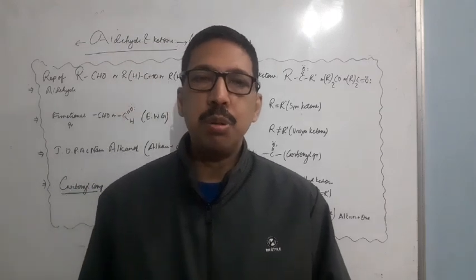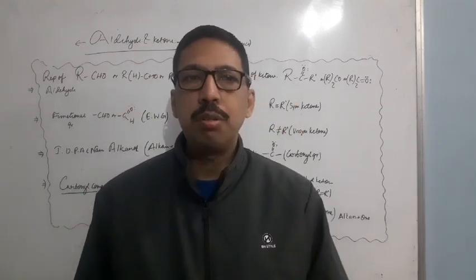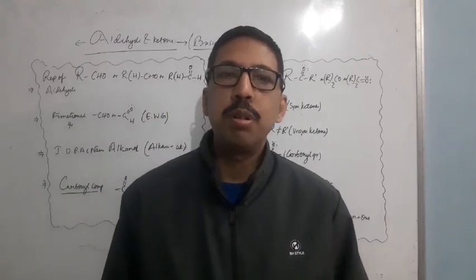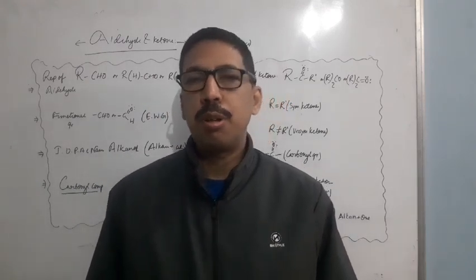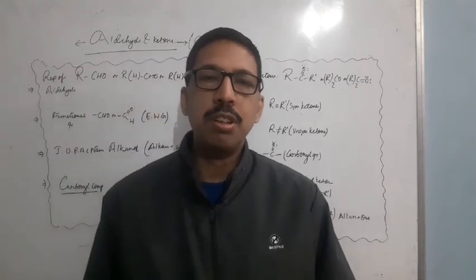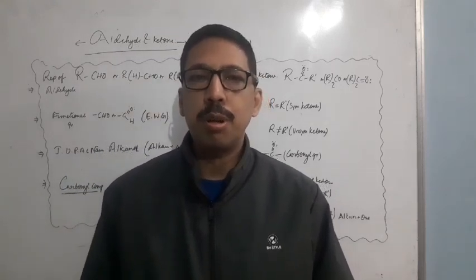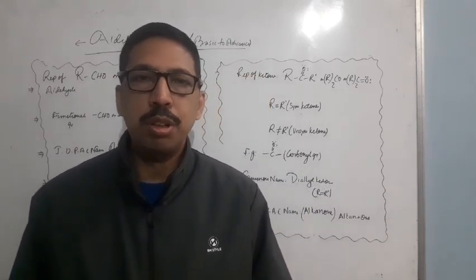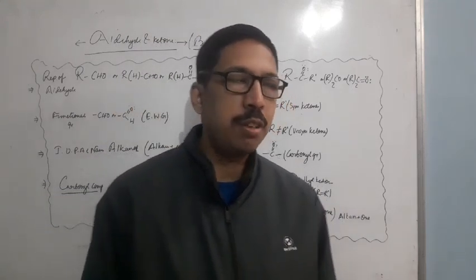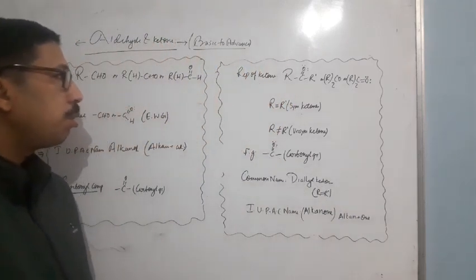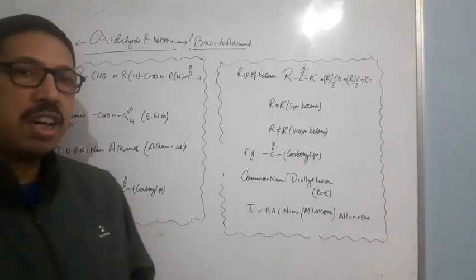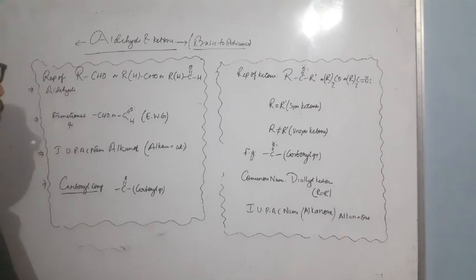Aldehyde and ketone are the very first two members of carbonyl compound. There are some other carbonyl compounds also known, like carboxylic acid, which consists of carbonyl group and hydroxy group, and all the derivatives of carboxylic acid. In this particular video, we'll talk about aldehyde and ketones only.